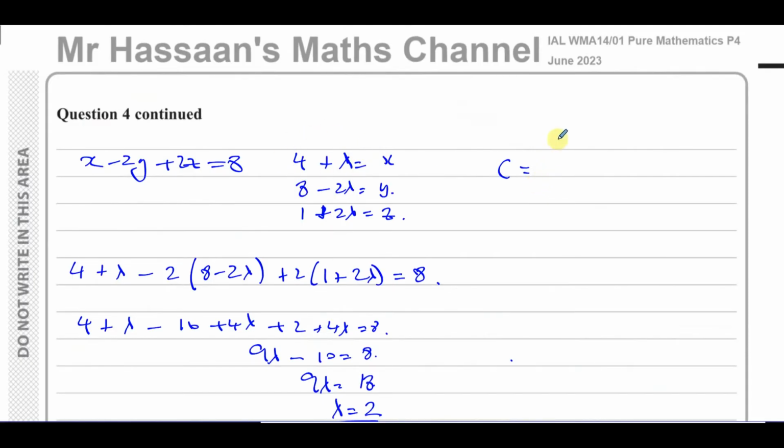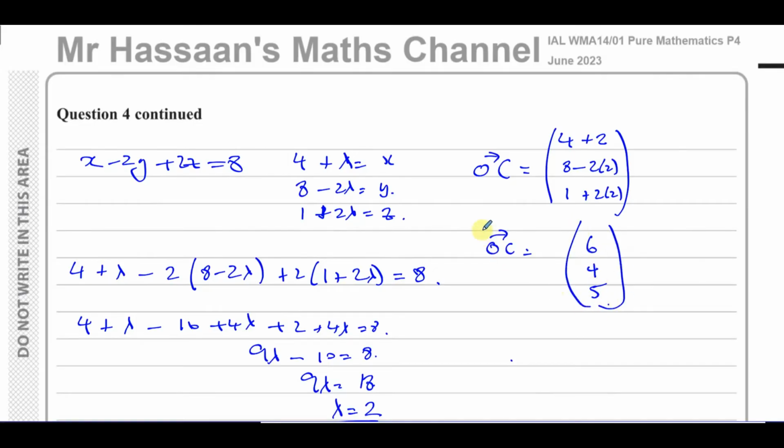So you're going to have 4 plus 2, and 8 minus 2 times 2, and 1 plus 2 times 2. Those will be the position vector of C. So O to C is going to be 6, 8 minus 4, which is 4, 1 plus 4, which is 5. 6, 4, 5. That is the position vector of C. So the coordinates of C are 6, 4, 5.